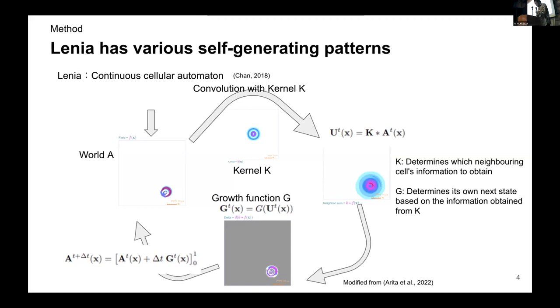So basically the Lenia system is updated by this equation. But the cellular automaton Lenia is a little bit difficult to apply perturbation to.